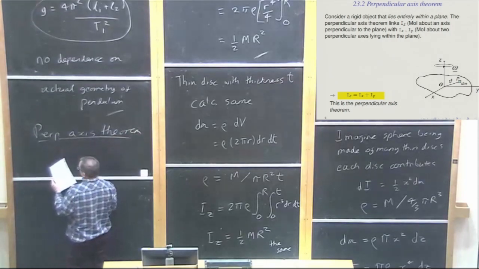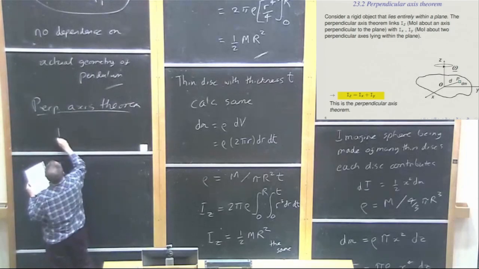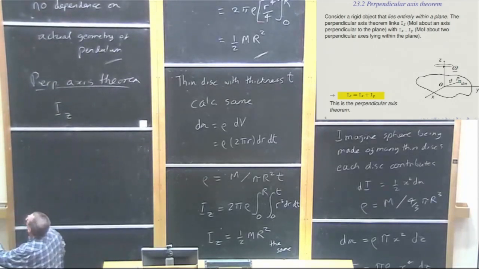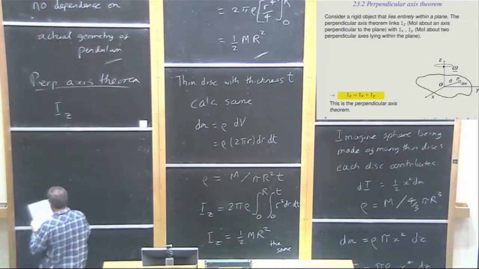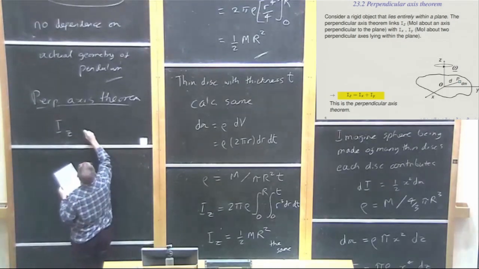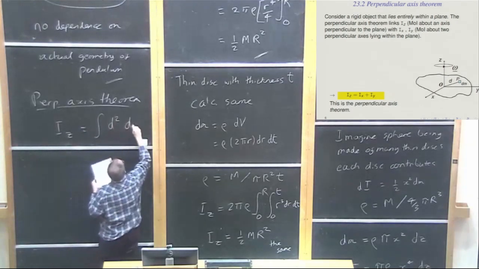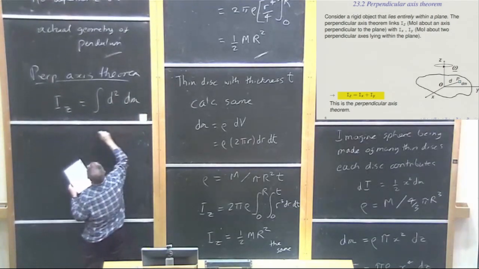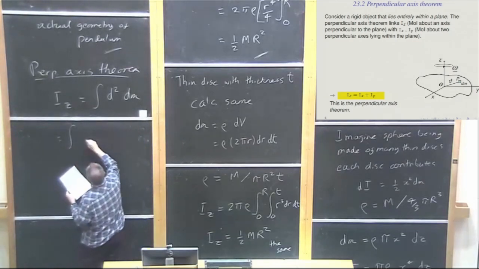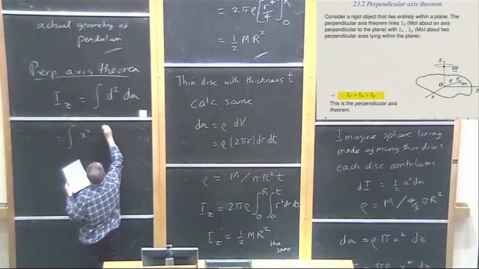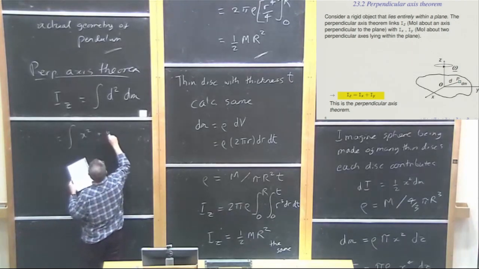We have that Iz, so firstly considering the moment of inertia about this axis out of this object, is clearly given by the integral of d squared dm. But what is d squared? That is no more than x squared plus y squared.